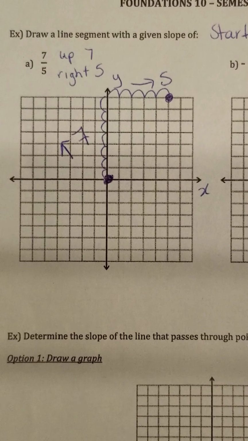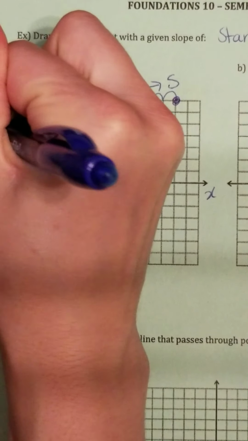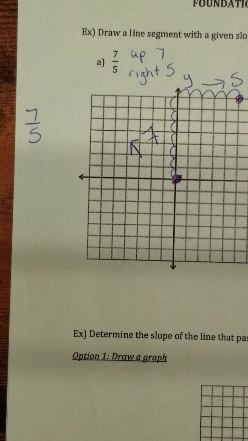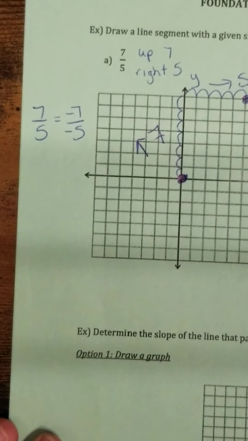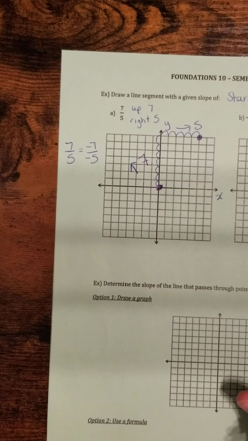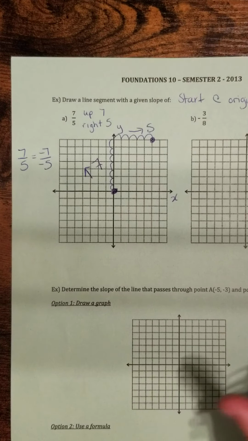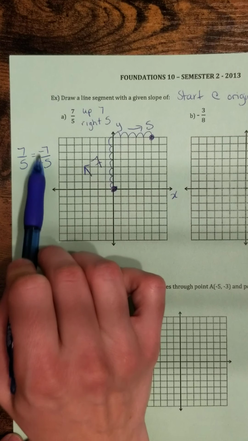Now I'm going to do something here to blow your mind. Okay, 7 over 5 is technically the same thing as -7 over -5, because we know that 2 negatives make a positive. So really, if I add 2 negatives in, 2 negatives makes a positive.